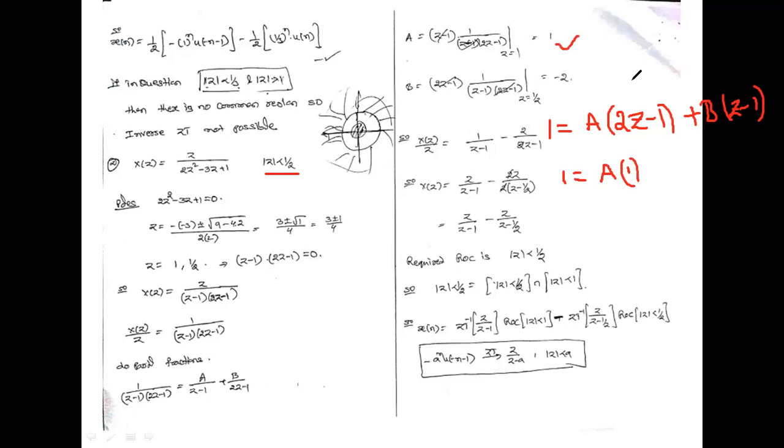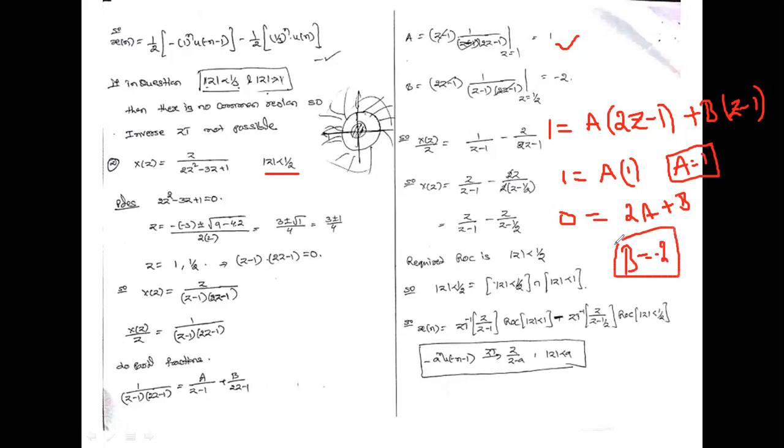Now compare the coefficients. If I compare the z coefficient, on the left hand side there is no z term, and on the right hand side it is 2a plus b. We already got a equal to 1. Substitute a equal to 1 here, so b is equal to minus 2.